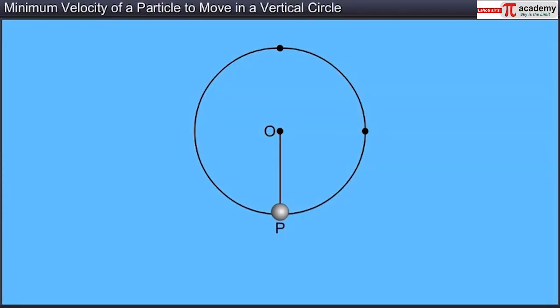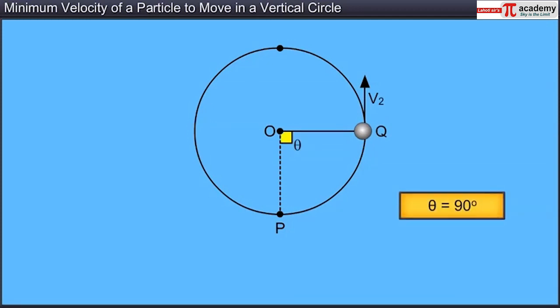In the second case, the particle is midway, which means that the string is briefly in the horizontal position. Let the position of the particle be Q and the instantaneous velocity of the particle be v2. At this point, theta is equal to 90 degrees. Let the tension in the string be Tq.